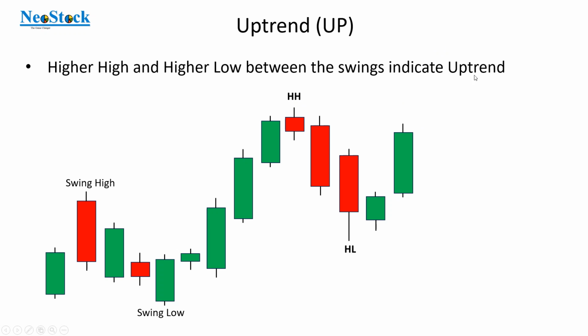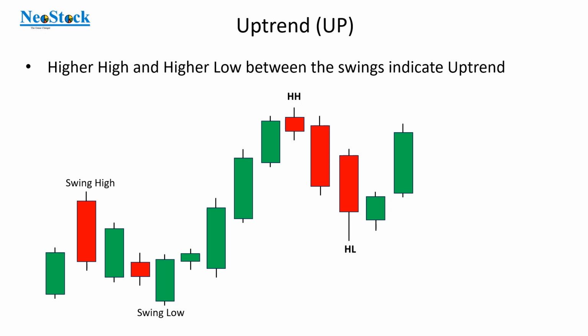That way, next time again when the prices are coming back, it will maintain higher low. So always in the uptrend, higher highs and higher lows will be maintained between the swings. You should not forget the word swings. Between the swings. Previously we learned between the candles. Now we are learning between the swings. I repeat again, in uptrend, always higher highs and higher lows will be maintained between the swings.